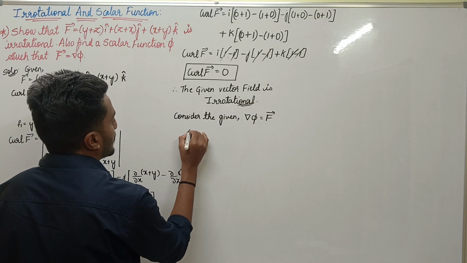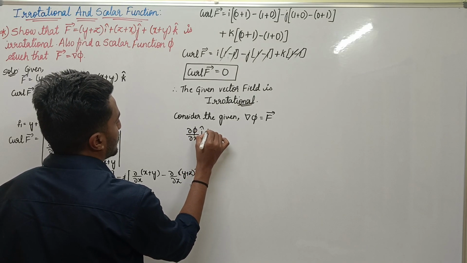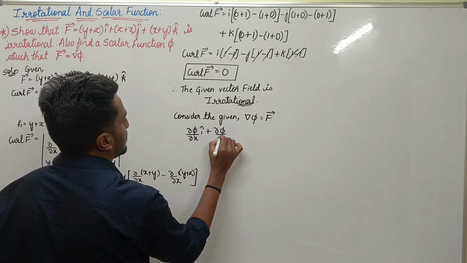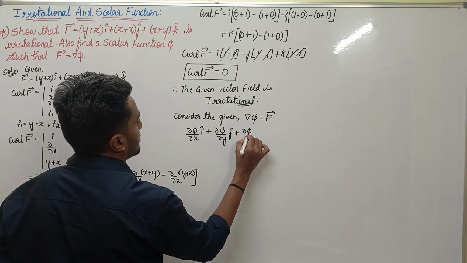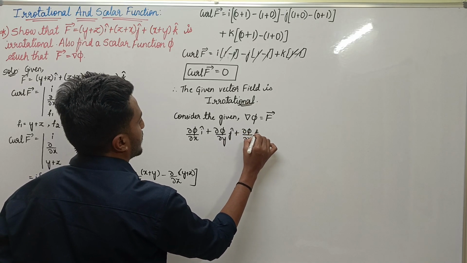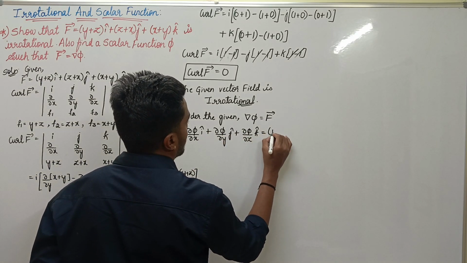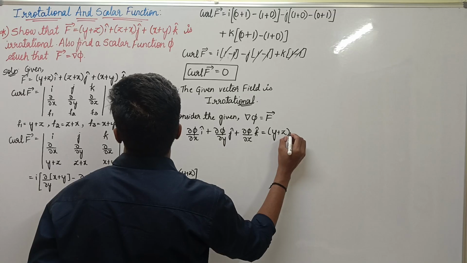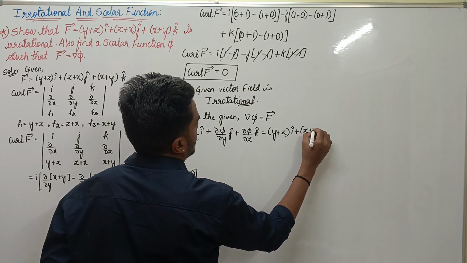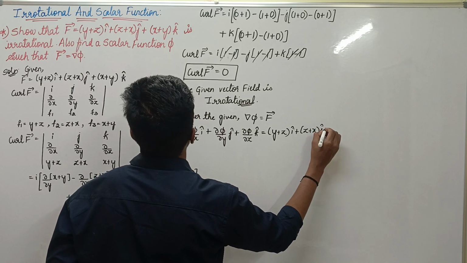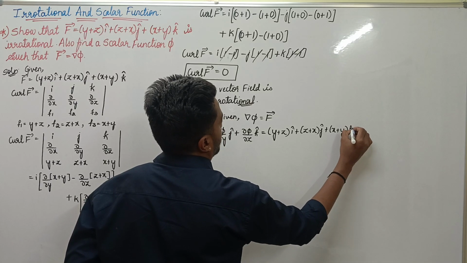We know that del phi by del x i cap plus del phi by del y j cap plus del phi by del z k cap equals, what is vector f? We have (y plus z) i cap plus (z plus x) j cap plus (x plus y) k cap.